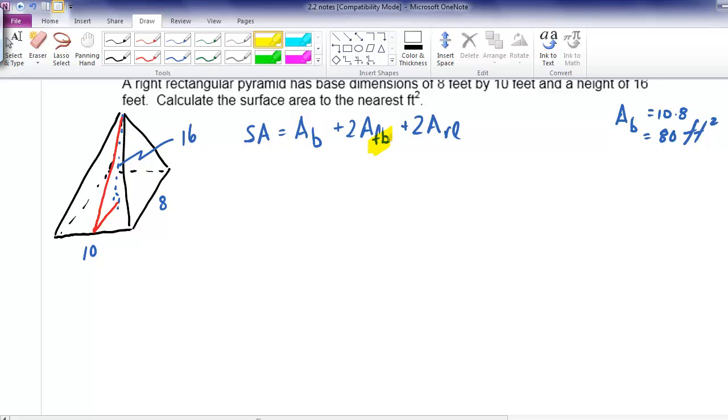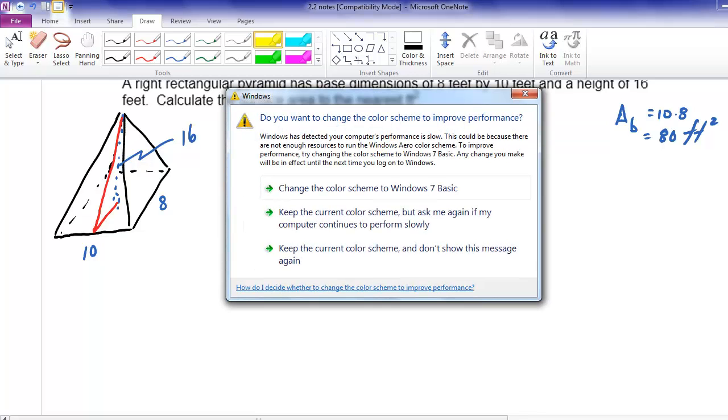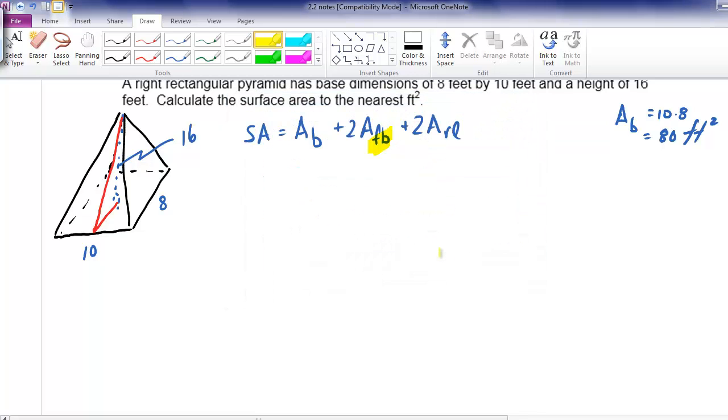So in order to figure out the area of those 2 faces, I have to know how long that red line is. I already know the base, so all I need to know is how long that red line is. And what I've just drawn is a right triangle. So let me draw that right triangle. Here it is right here.